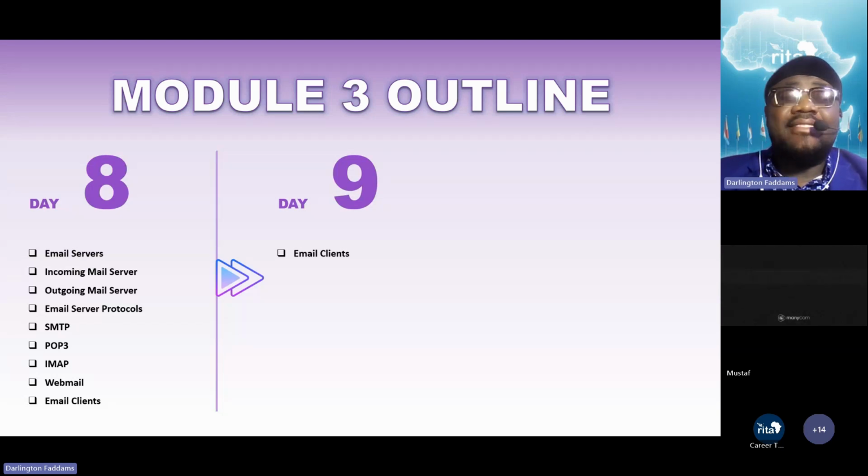We'll spend time talking about 3 very popular protocols in the world of emails: SMTP, POP3, and IMAP. And we'll talk about an application called Webmail, and then other applications that we call email clients. Tomorrow, we'll delve into email service providers like Microsoft 365 and Google Workspace. And we will also look at how to configure email clients to connect to any email server in the world.